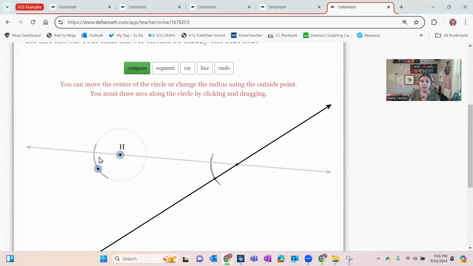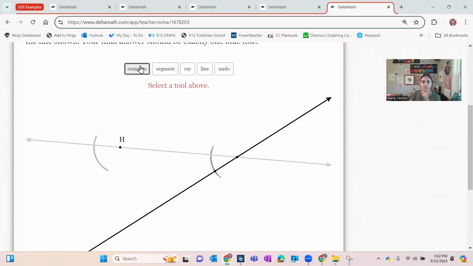Now, what I need to do is I need to figure out, and I'm going to click my little pointer, I need to figure out how far this point up here should be from the line. So what I'm going to do is use our compass tool.